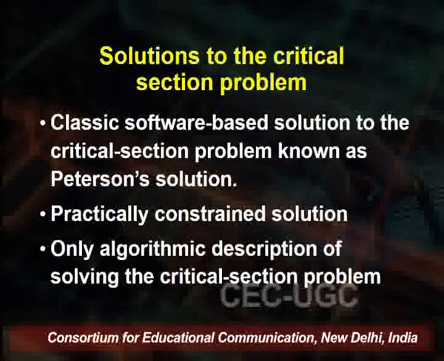As I have told you, this is a software based solution, but it has practical constraints, or I can say it is a practically constrained solution. Why? Because it is based only on two processes. It is going to work with only two processes, and also it is an algorithmic description of solving the critical section problem.